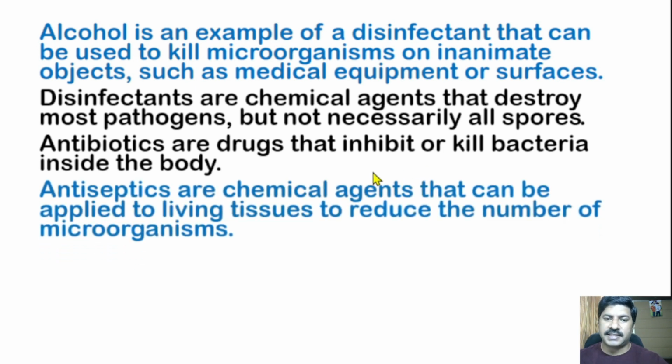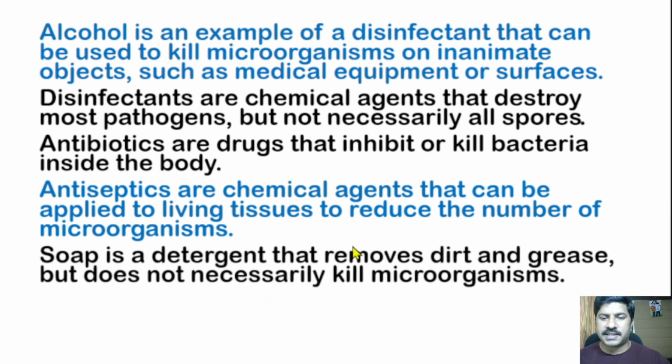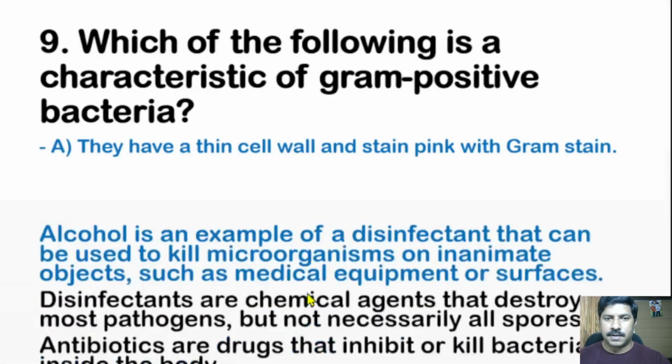Antiseptics are chemical agents that can be applied to living tissues to reduce the number of microorganisms. Soap is an example of a detergent that removes dirt and grease but does not necessarily kill microorganisms.